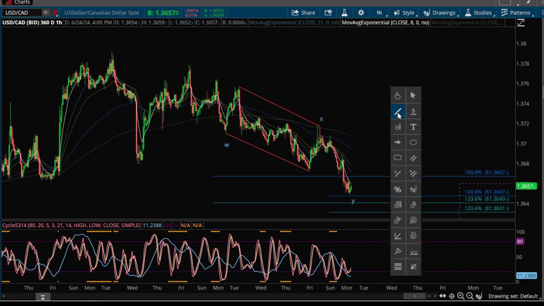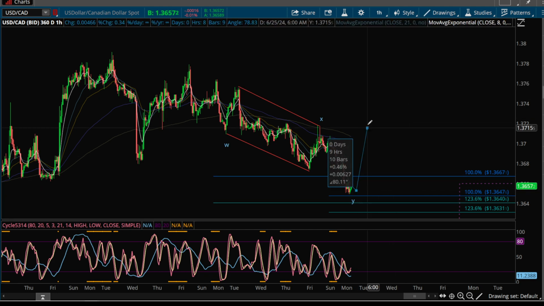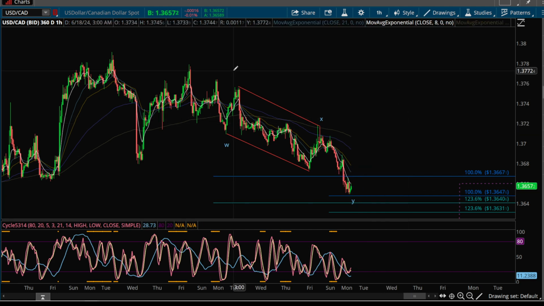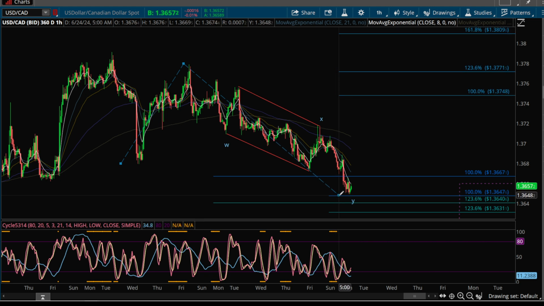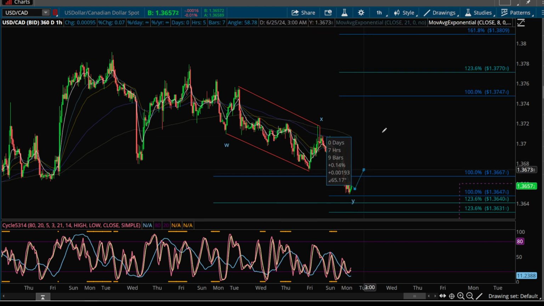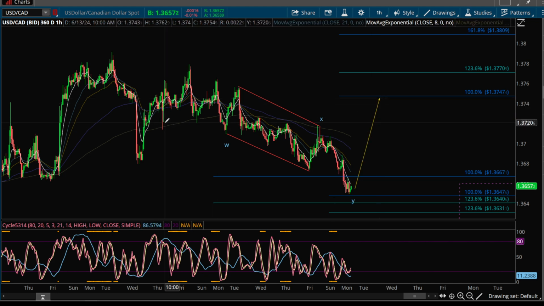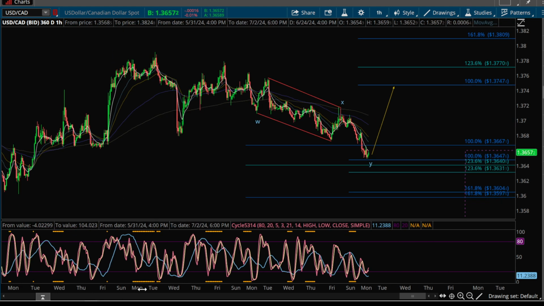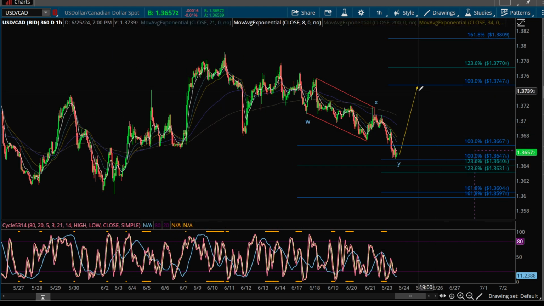So we are looking for an impulse up. All right. So we're looking for a move up on dollar CAD. Looking for this move up tomorrow, tonight, tomorrow, whatever. You're looking for this. All right.